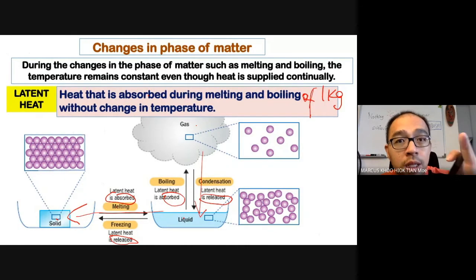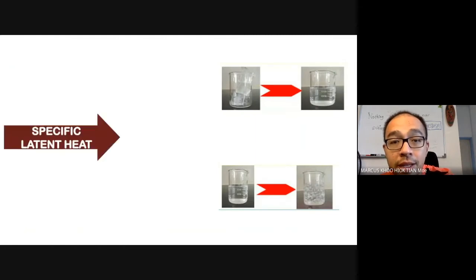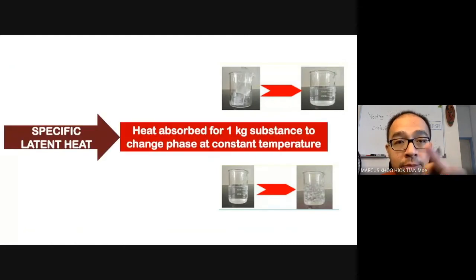When we throw in the word specific, we need to talk about only 1 kilogram: 1 kilogram of water, 1 kilogram of ice, 1 kilogram of whatever. So specific latent heat is the heat absorbed for 1 kg of substance to change phase at a constant temperature.